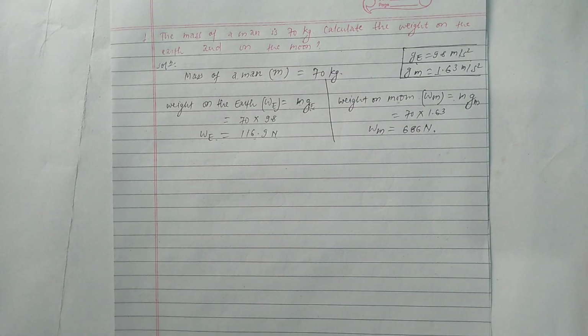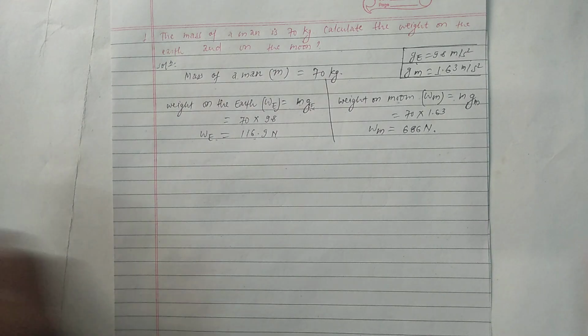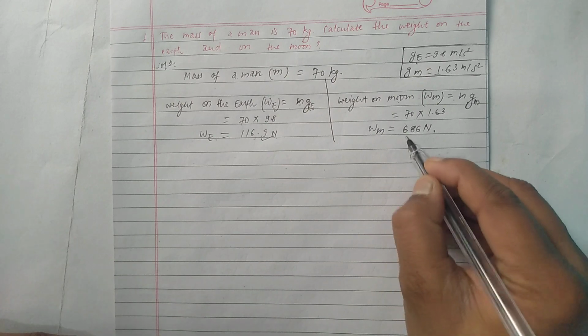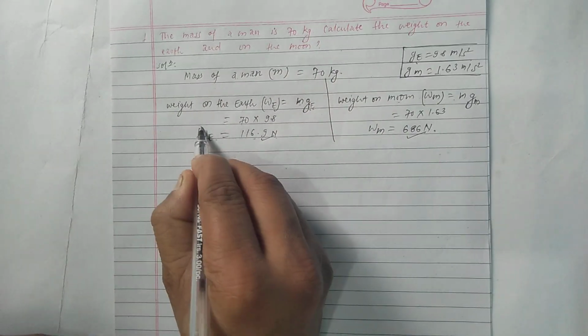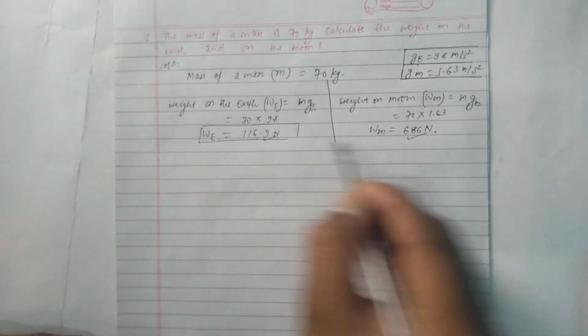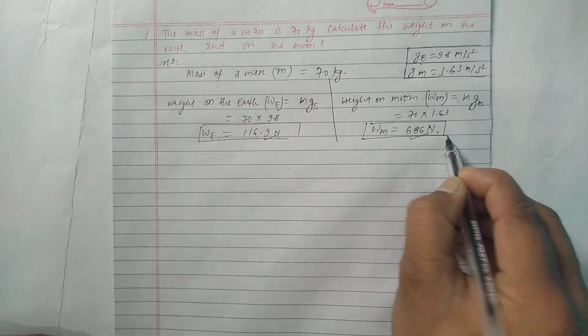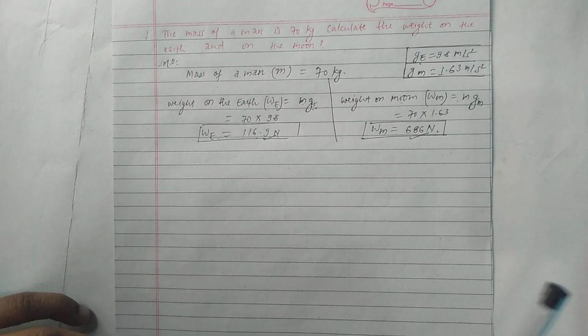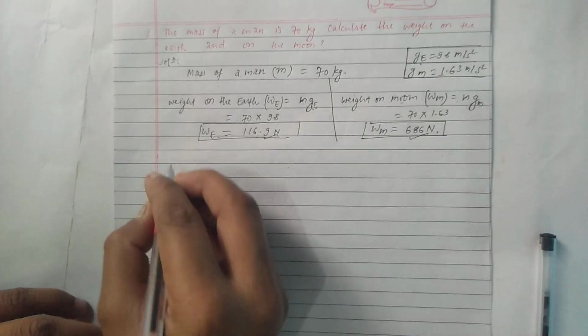So these two are the required weight of a man on the earth and on the moon. These two are our required answer. These two are so easy. Now let's move on to the next question.